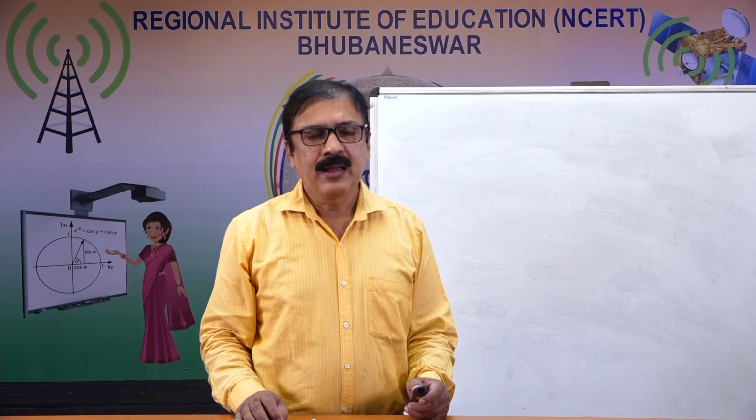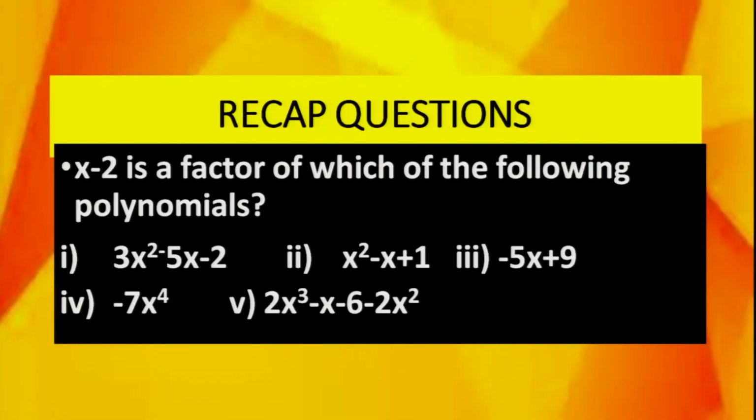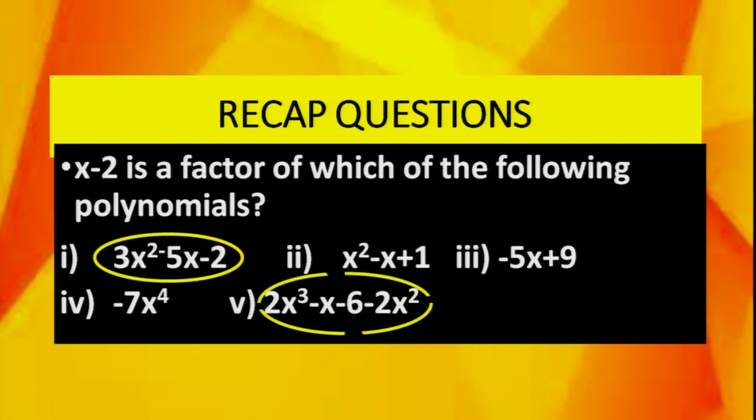Now just by viewing we can simply discard minus 7x to the power 4. If we put the value of x as 2, we will see that the first one, 3x square minus 5x minus 2, will become 0. So x minus 2 is a factor of this one, and 2x cube minus x minus 6 minus 2x square, in this case also if we put the value of x as 2, it will become 0. So these two have x minus 2 as a factor.